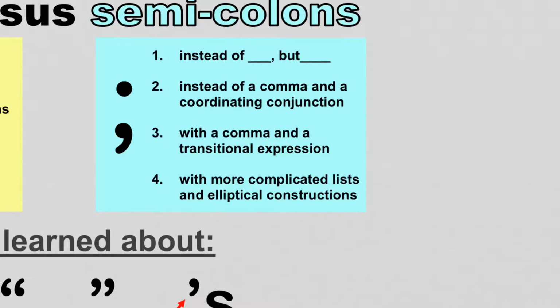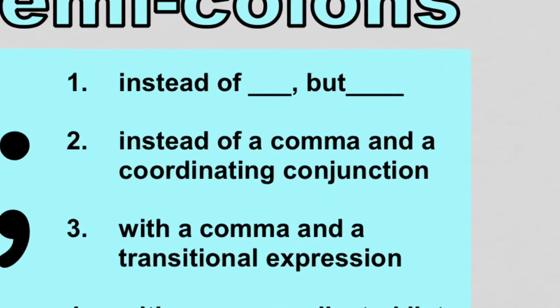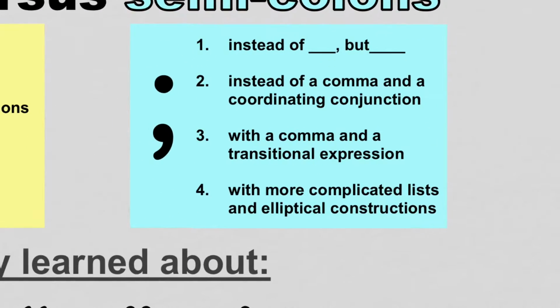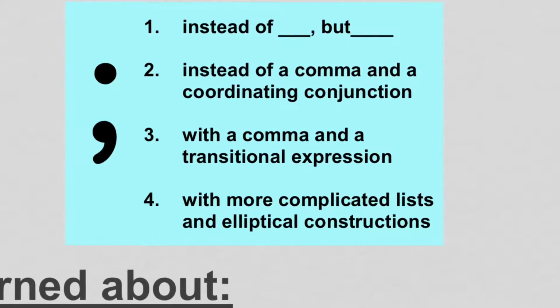When I tell you about semicolons, the most common use to start off with would be that instead of saying something with the word but in it, a comma, but, you could put a semicolon there. The second thing I will talk about is how you can use a semicolon instead of having a comma and a coordinating conjunction.